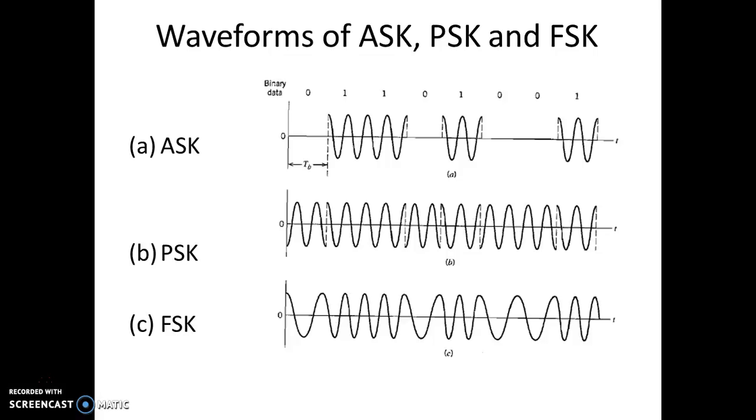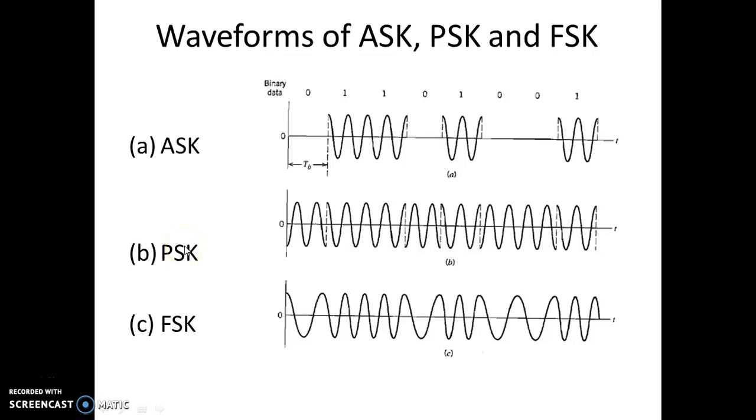So naturally you are keying the signal from 0 to 1 and 1 to 0. For example, in amplitude shift keying, if 0 is the incoming signal, then you don't have any voltage, it is 0 volt. If you have a binary 1, you have a high frequency carrier.